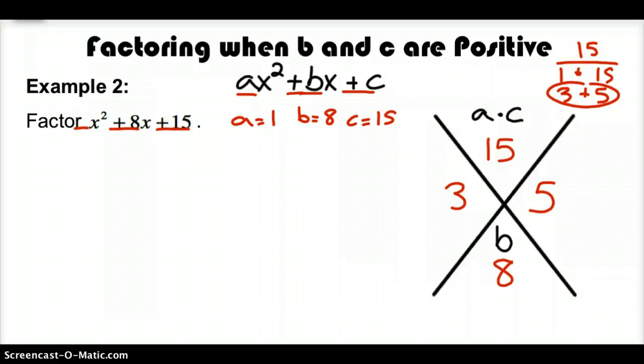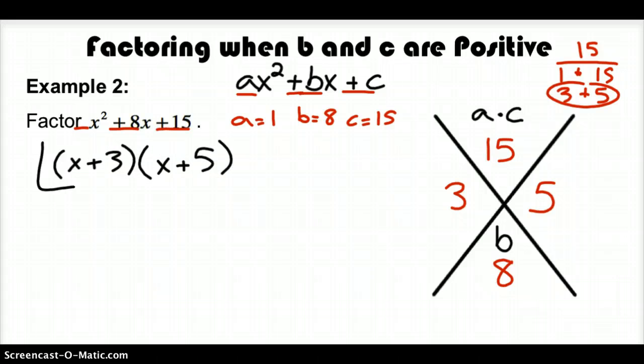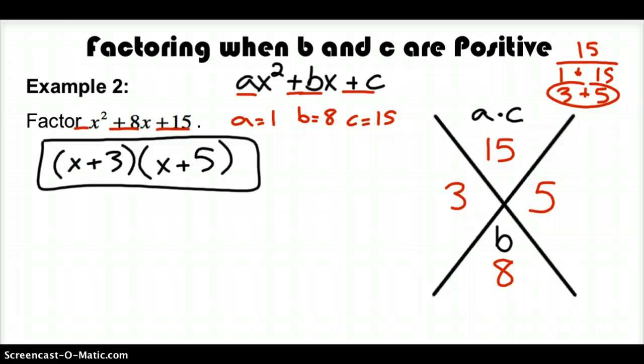Okay, and so we're going to factor this quadratic by writing it as the product of two binomials of degree 1. Right, so this is x plus 3, that's one of those numbers that we got, and x plus 5, okay? And this is our final answer, okay? Now remember, we can always check this with FOIL, right?